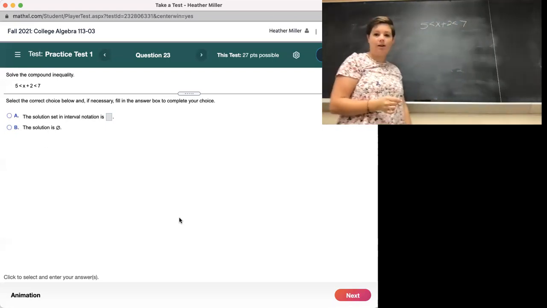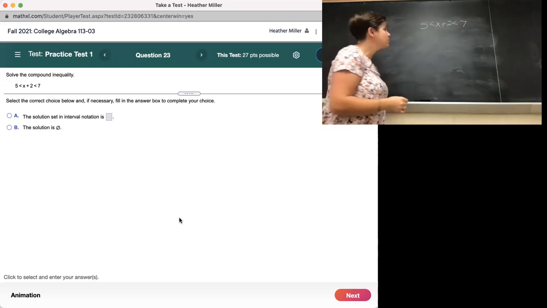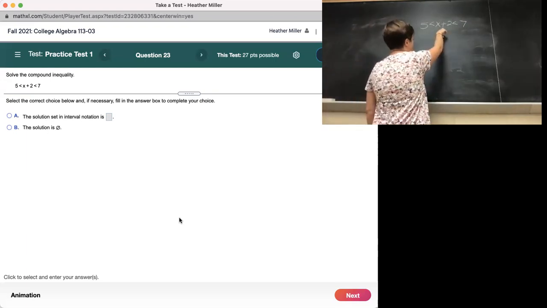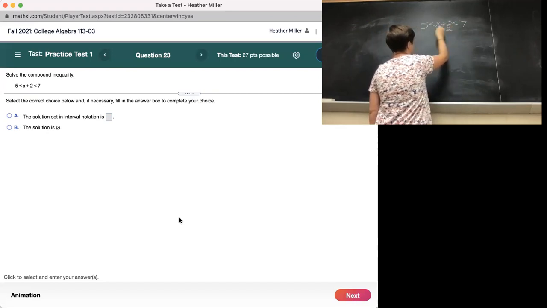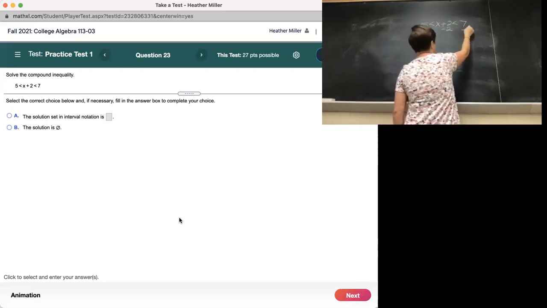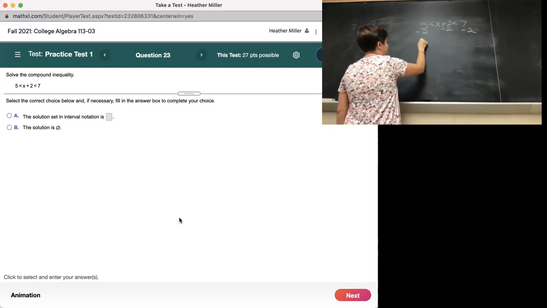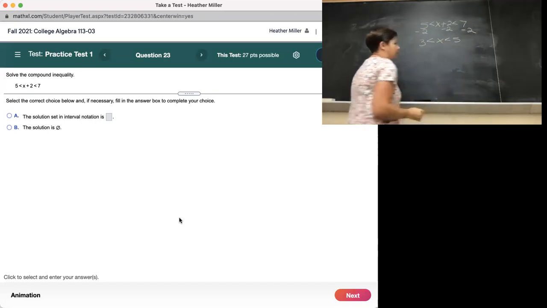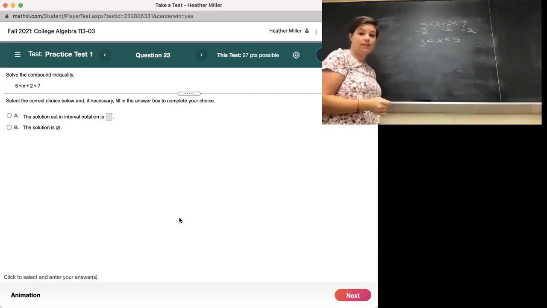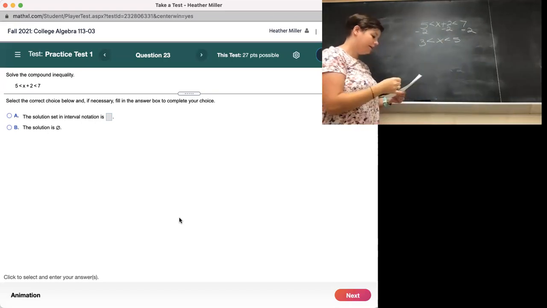I usually think about it as the same thing on all three sides. So I look at my middle, I need to get x by itself, and I have that plus 2. So I'm going to minus 2 from every side. That'll give me 3 is less than x is less than 5. That's all I can do.